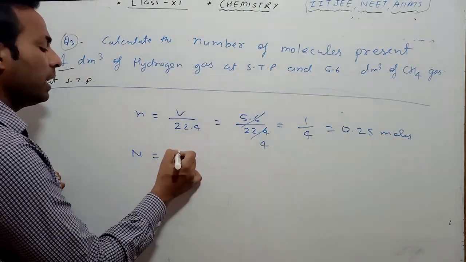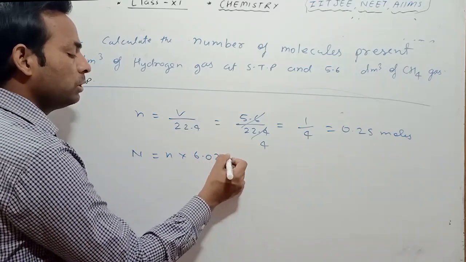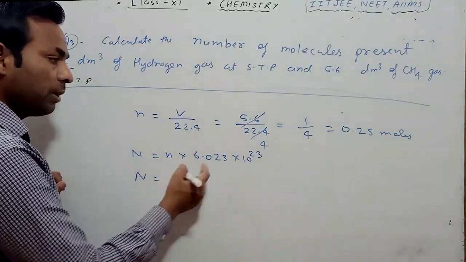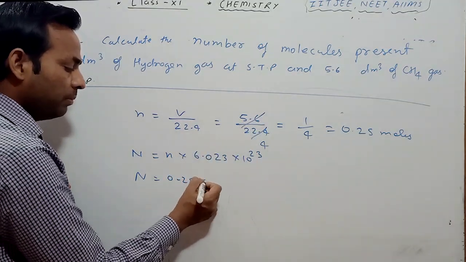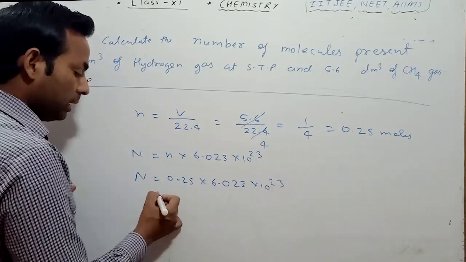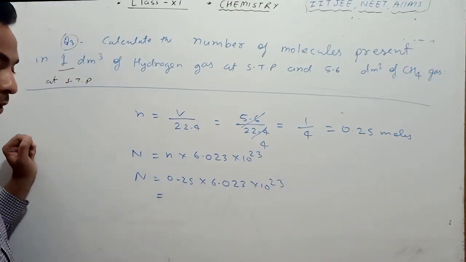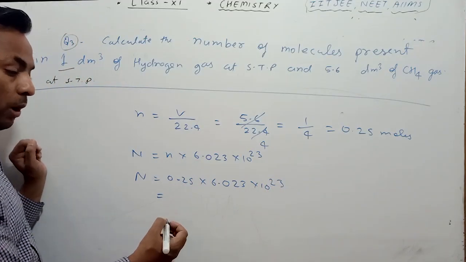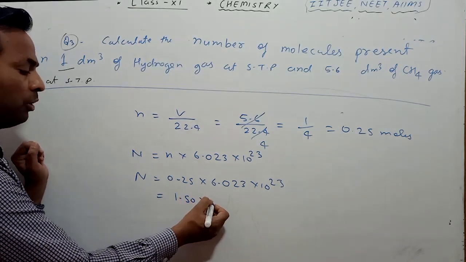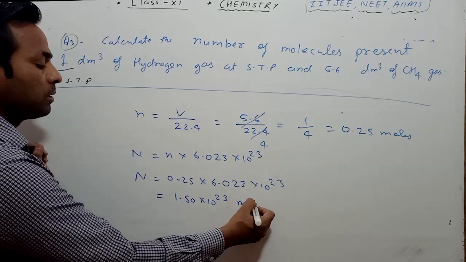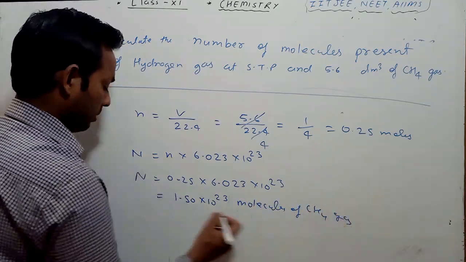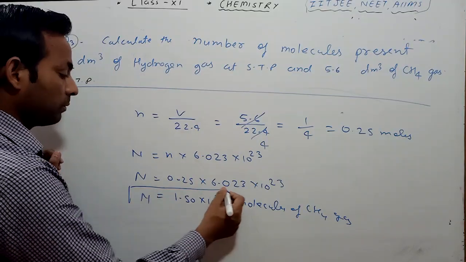Now N equals n into 6.023 into 10 to the power 23. So by putting the value, 0.25 into 6.023 into 10 to the power 23. After multiplying, the value will become nearly 1.50 into 10 to the power 23 molecules of methane gas. Now this is your answer.